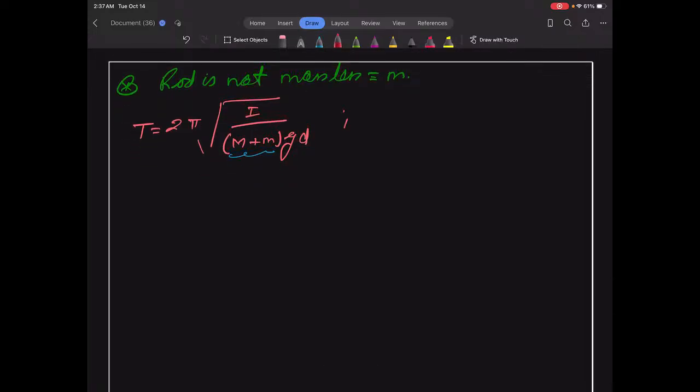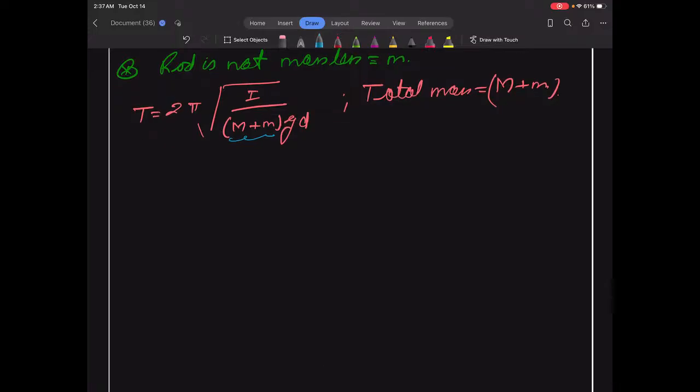So you can say that our total mass is capital M plus small m. Now let's find our d, that is the distance of the center of mass, with respect to the pivot point.